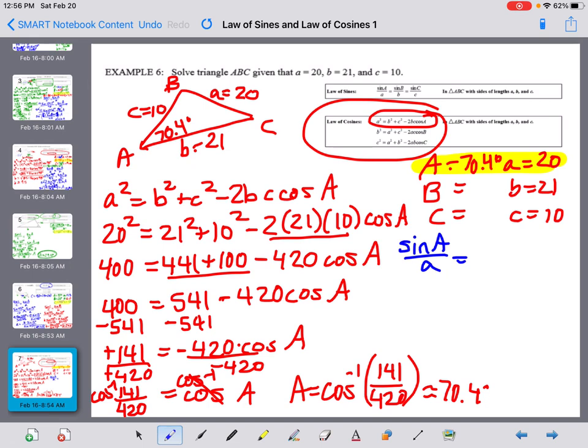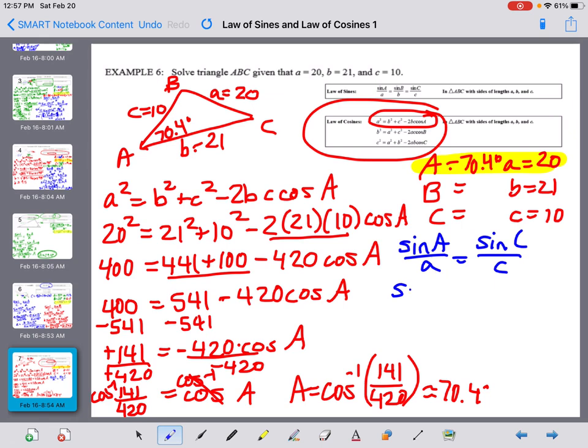Maybe. If I do, where would it be? It would be on angle B because it's across from the biggest side. So because there's a chance B is obtuse, law of sines cannot get me an obtuse angle. I'm going to skip that one and go to C because I know angle C is going to have to be acute.